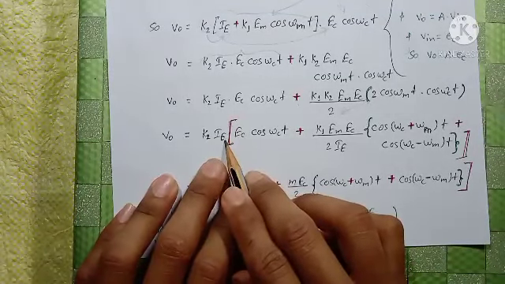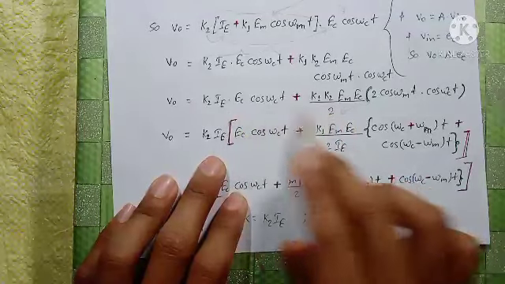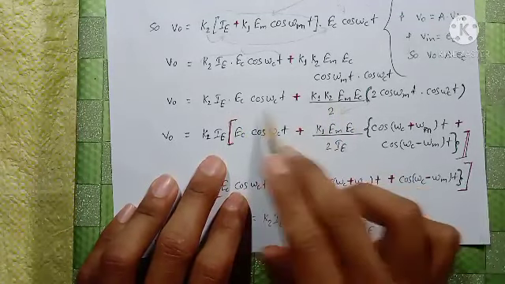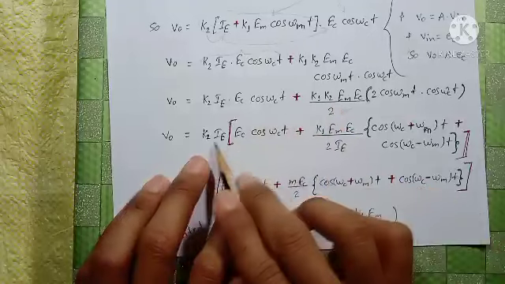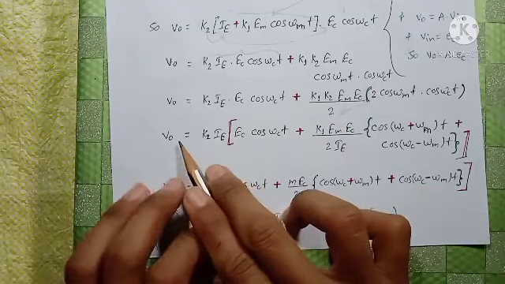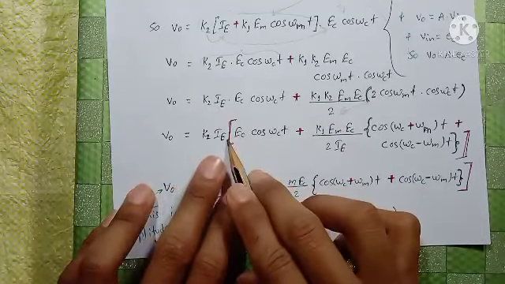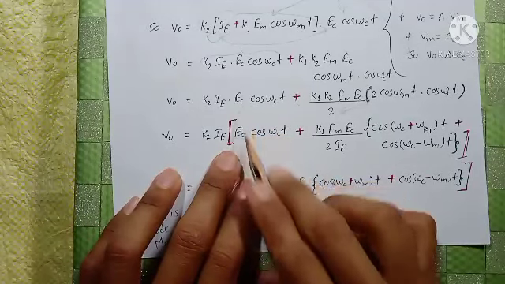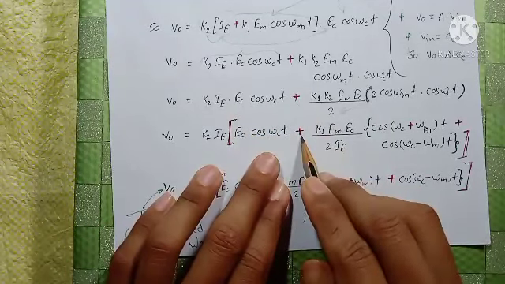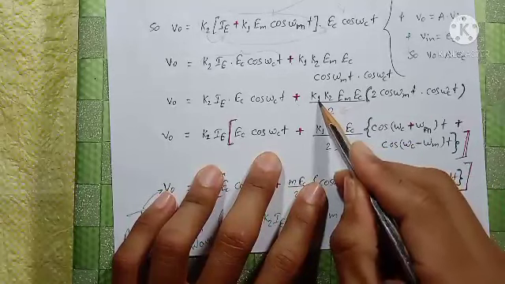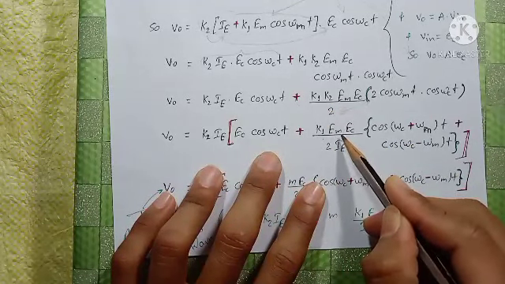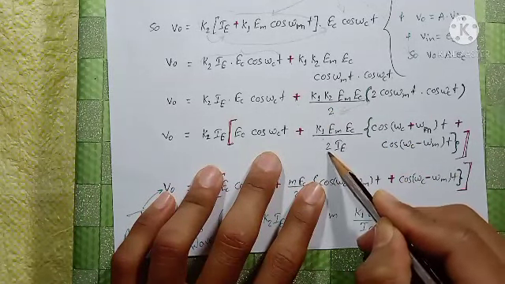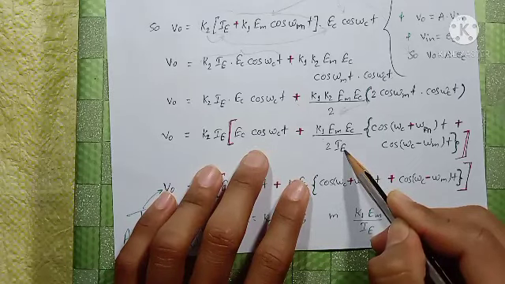We get the value of V0 is equal to K2 IE. Here we take IE common from both parameters. So V0 is equal to K2 IE in bracket, EC cos omega c t plus K1 Em EC divided by 2 IE.